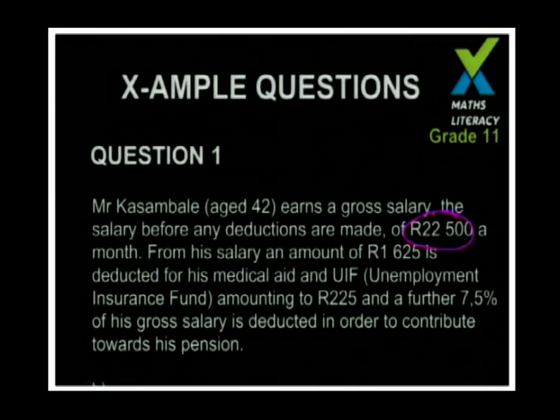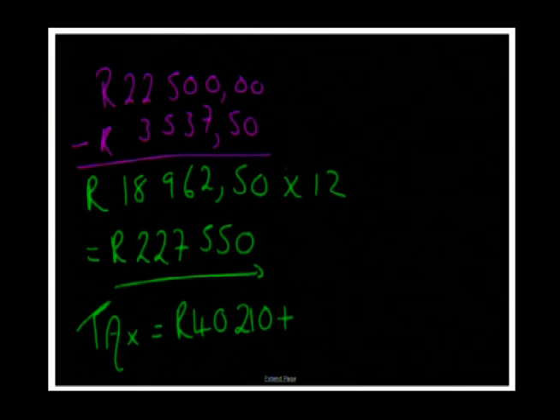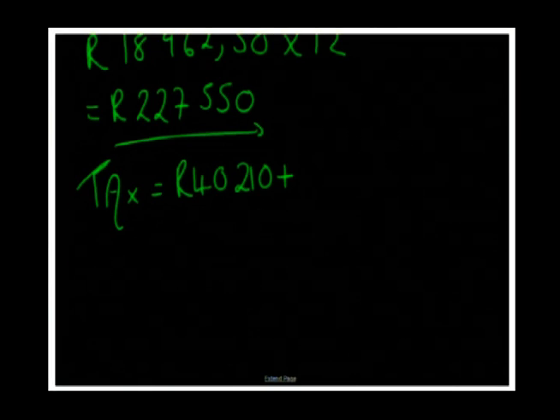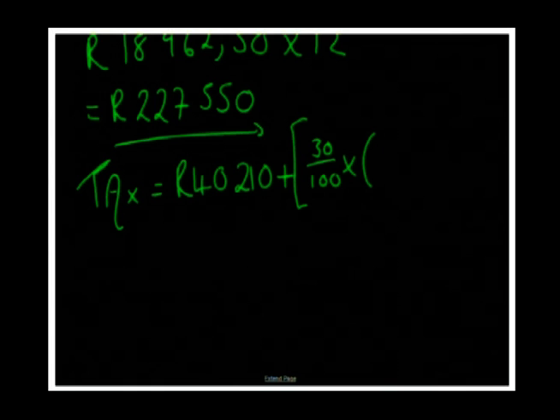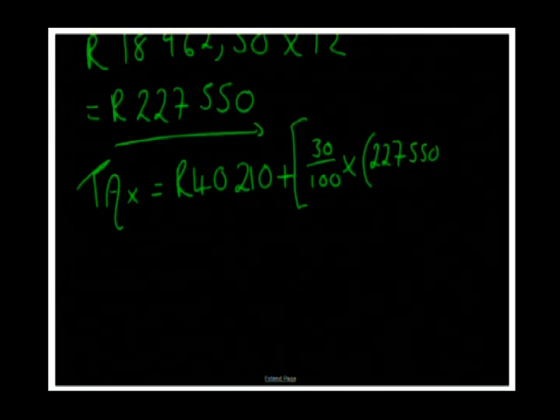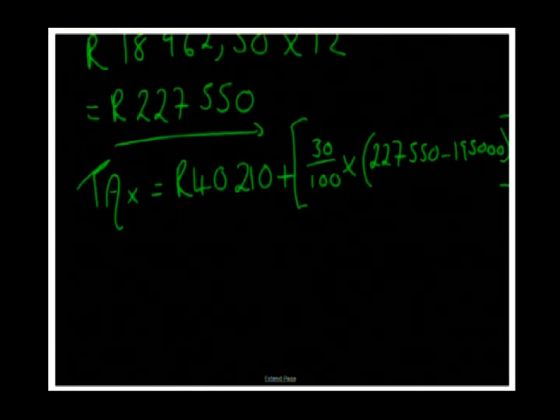So I'm also got to add to this amount 30% of an amount above 195,000. Well, if I earn 227,550, let's subtract the 195,000 to see how much more I'm earning than 195,000.